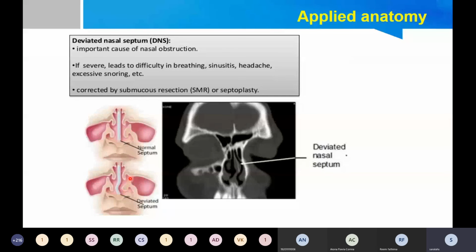If that concha is covered by the mucous membrane, that is in living individuals, we call it turbinate. Say for example, the septum is deviated onto the right side, there will be turbinate hypertrophy on the left side, because of compensatory hypertrophy, as the space is more onto the opposite side, so the turbinates become bigger. Concha and turbinates are the same.